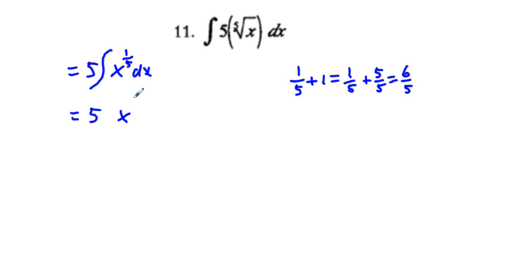So we're going to have x to the 6/5 power, and we're going to divide this by 6/5. And we cannot forget the plus c, our constant of integration.